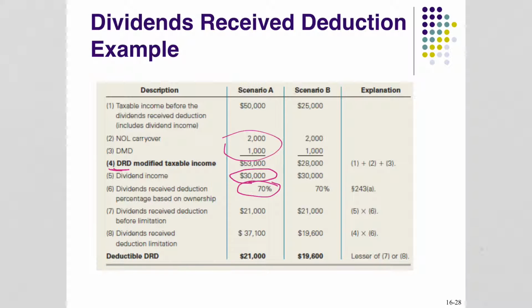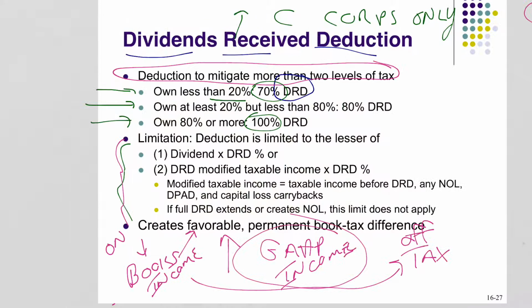Here it's 70%, so that tells us this is the non-taxable amount, 70%, which means in this case they own less than 20%. This is why we say that. Look at this bullet here, less than 20%.